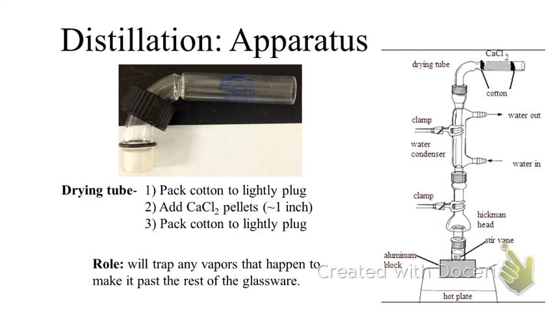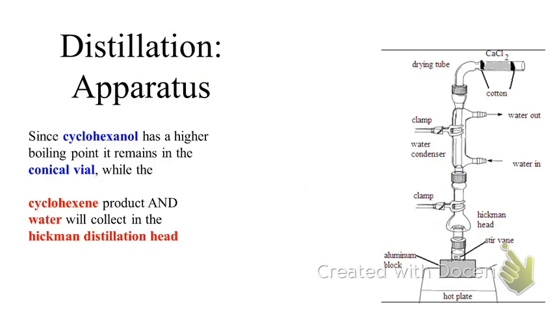It is going to be there primarily just to collect vapors. Your product stinks, which means we want to try and keep it trapped as best we can. So the drying tube is still going to allow for air to pass through, but hopefully it'll trap all the chemicals so you won't have to smell your product quite as much. That's the hope. It's not going to work, but that's the hope.